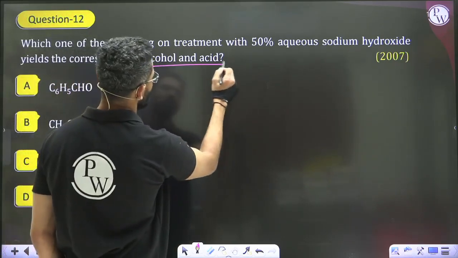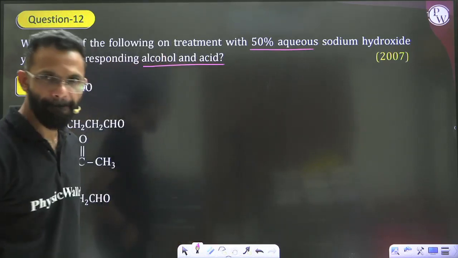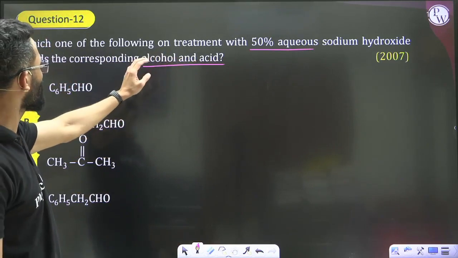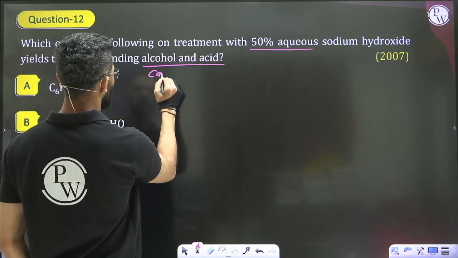All right, guys, what do we understand from this question? 50% aqueous NaOH giving you alcohol and acid, which means, aren't they talking about Cannizzaro's reaction?